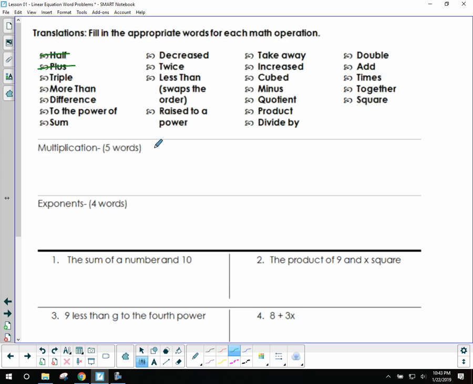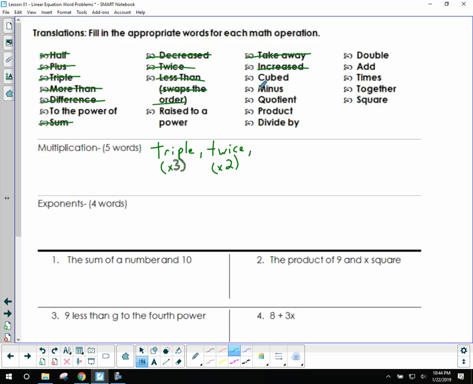And remember, that means you're timesing by 3. We did more than, we did difference, we did sum, we did decrease. Twice. That's another good multiplication word, and that means times 2. We already did less than. We did take away, we did increase. We did minus, we did quotient.